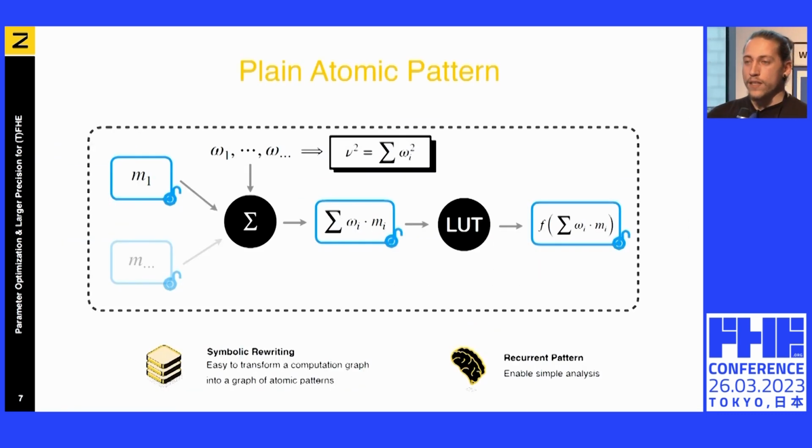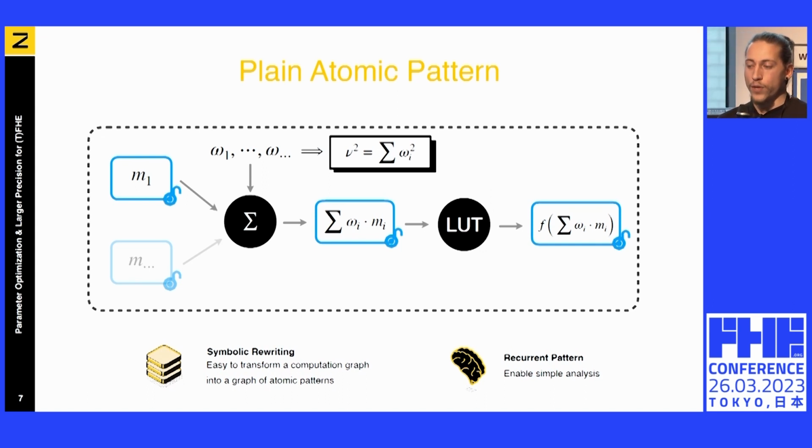So when looking at use cases at Zama, we noticed that there was some recurrent pattern in the computation graph. And so that's the pattern we came up with. On the left, you see the private data in blue. You see some weights in black. And so you have a dot product, so that represents a level operation you can perform.